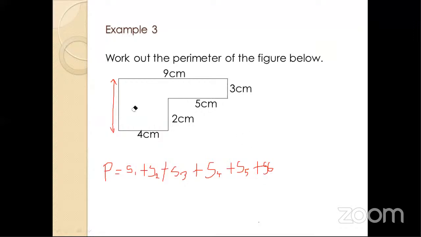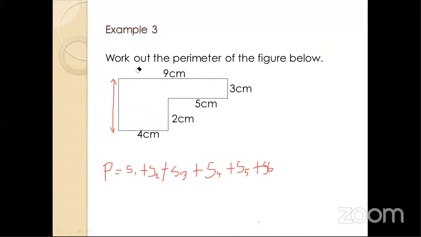We have realized that there are 6 sides here: 9 is 1, 3 is 2, 5 is 3, 2 is 4, this is side 5, and this is side 6. That is why I said side 1 plus side 2 plus side 3 plus side 4 plus side 5 plus side 6.